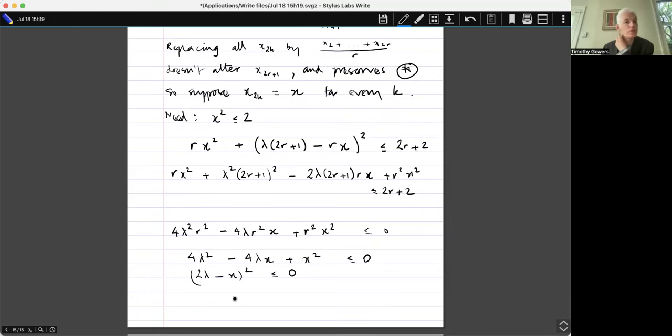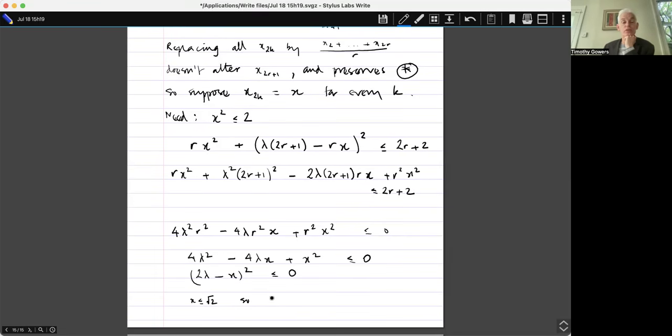Something's a bit odd here, but I need to be able to, so X is less than or equal to √2. So for that to be, that's going to have to be 0 basically.